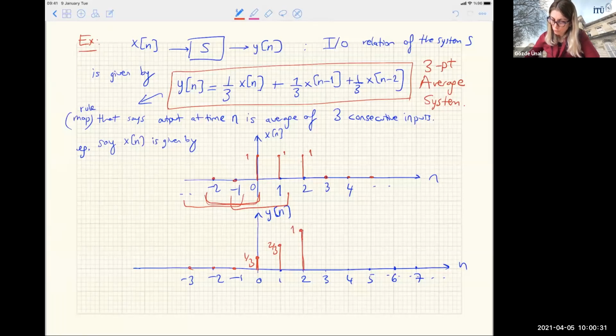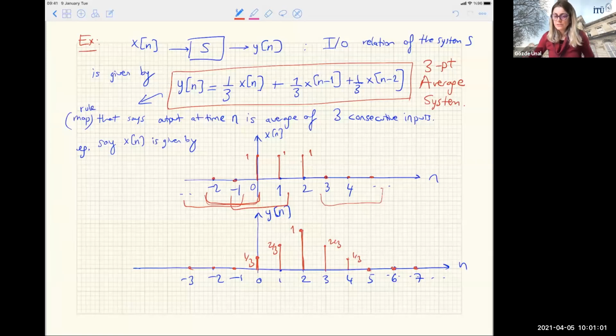Now it's again 2/3 for 3. For 4, 1/3, right? And then for 5, I would do this average of 3, so 5 is 0, and then of course everybody else is 0.